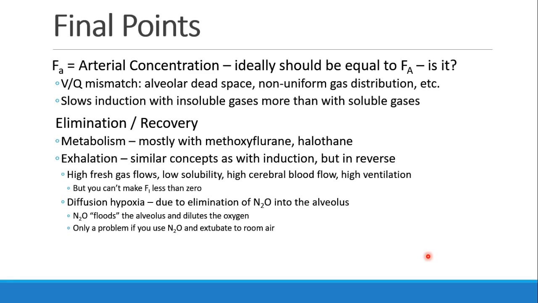So it really depends on how well we're diffusing gas across that membrane. And we know there are things like VQ mismatch and alveolar dead space and non-uniform gas distributions. So they're not going to be exactly the same. And we may see this effect more pronounced with insoluble gases than with soluble gases.